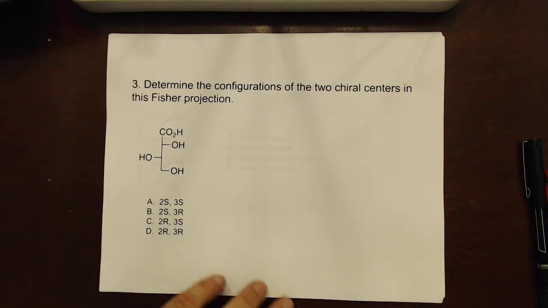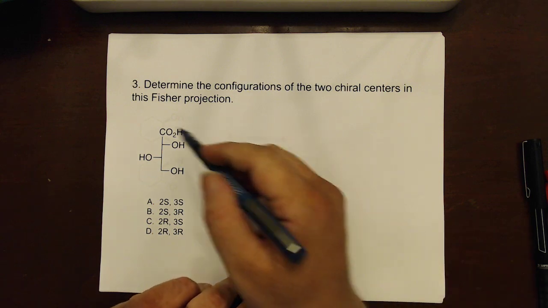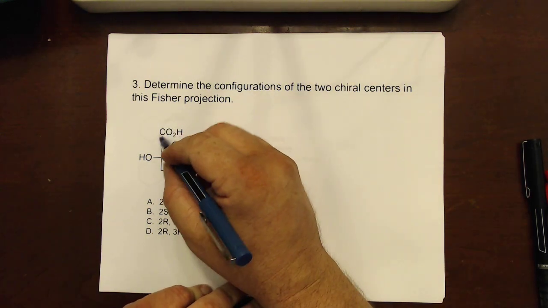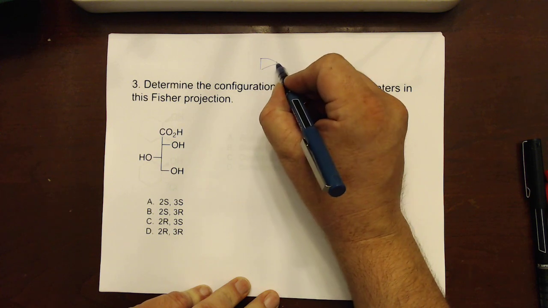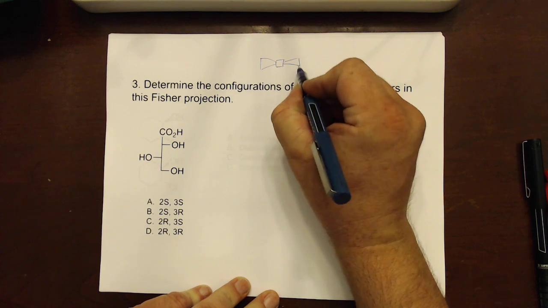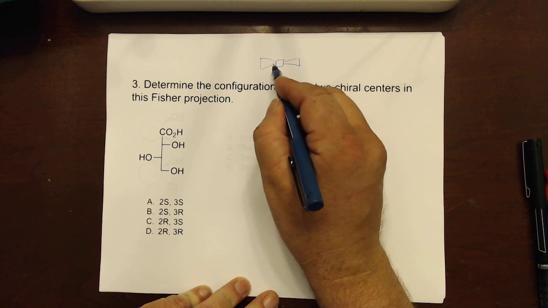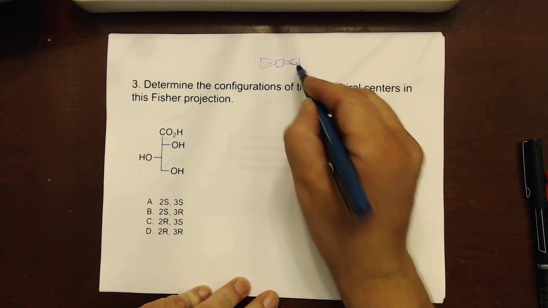Okay, so for the Fischer projection, you have to remember what the bonds are doing. I always think it's easier to think about a bow tie. So these are coming out at you.